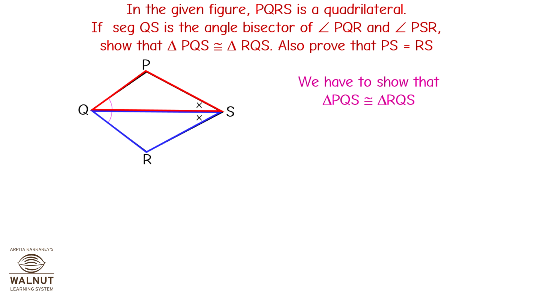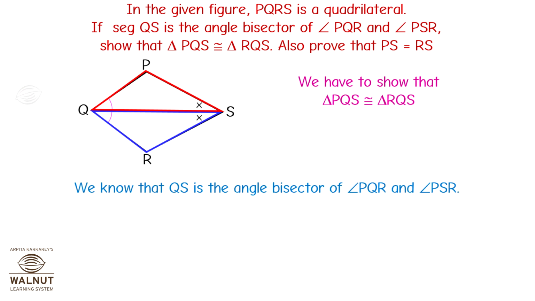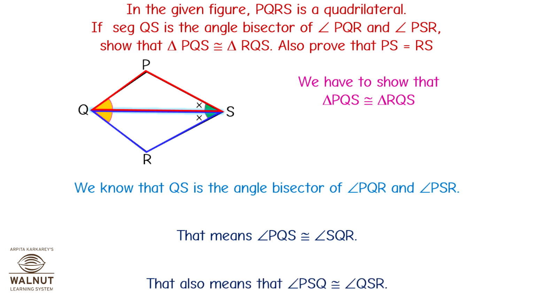What do we already know about this figure? Let's see. We know that QS is the angle bisector of angle PQR and angle PSR. That means angle PQS is congruent to angle SQR. That also means that angle PSQ is congruent to angle QSR.